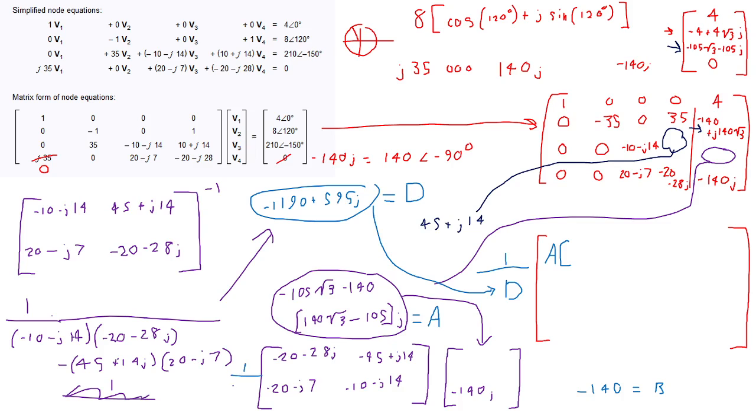So out here we have 1 over D times this coefficient matrix times the two pieces on the right-hand side. So this will give us our solution.